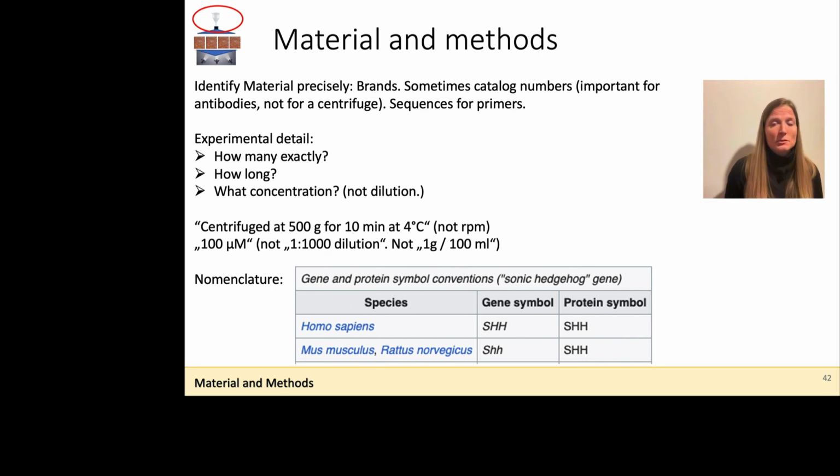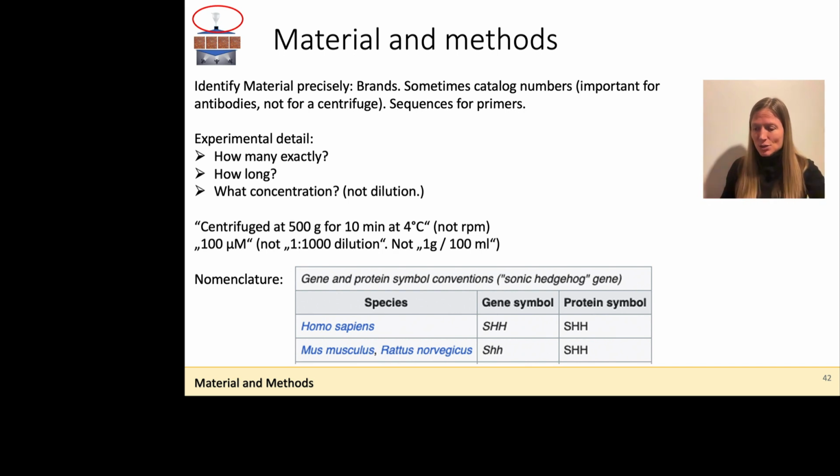Provide enough experimental detail. Again, this is hard to define. Look at papers. They're usually very, very short, much too short. And look in comparison to maybe an SOP or standard operating procedure, or a longer experimental detail that you receive from colleagues or methods papers.